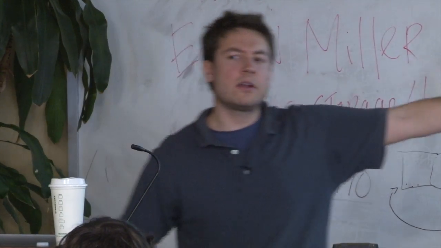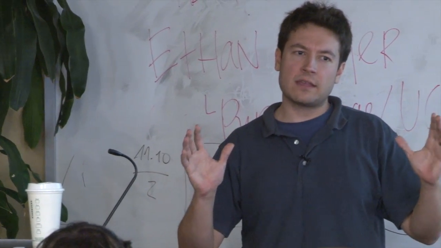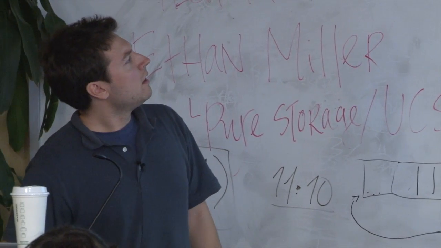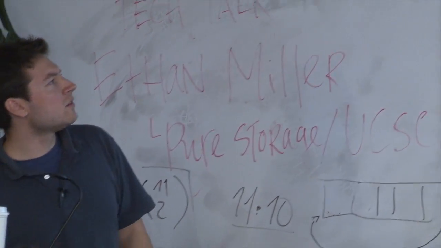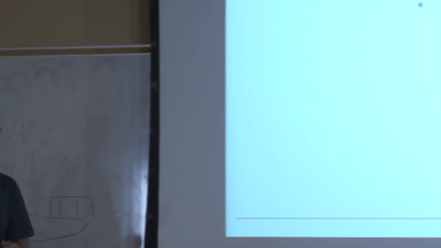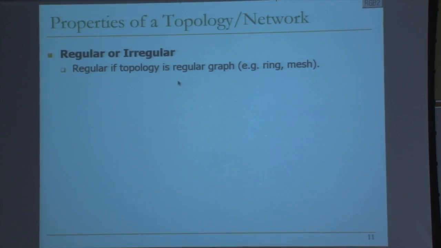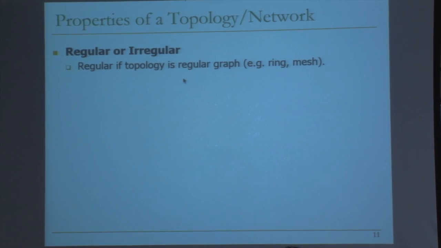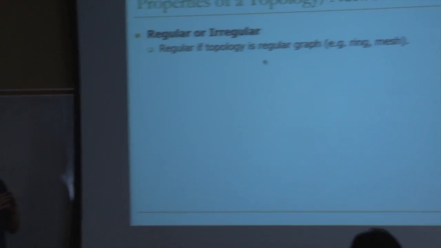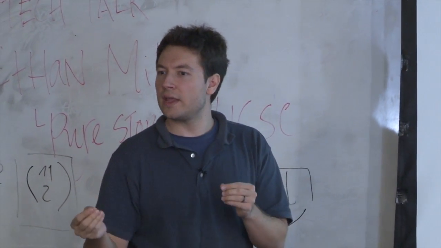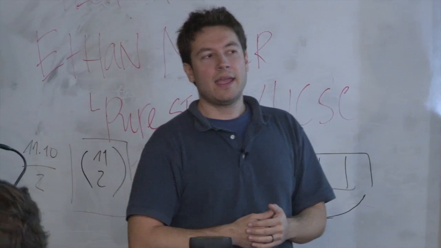Okay, is everyone clear on the notion of a packet and the notion of flits? That's all you'll need for this lecture. Okay, so we're going to move on to some properties in addition to what you saw up until now. So we can divide networks into regular or irregular topologies, in fact. If your network looks like a regular graph, like a mesh or a ring, then it's a regular network.